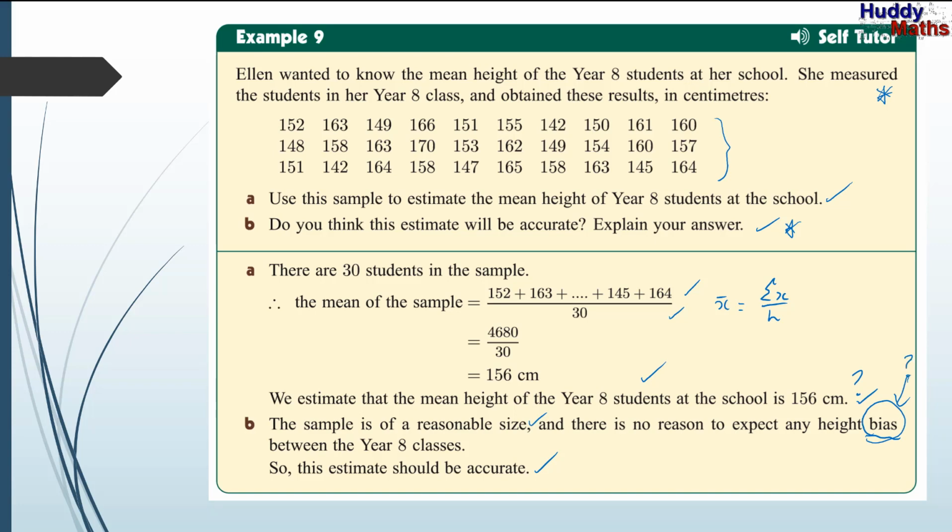So there could be some hidden bias. We've got to know that that is a class which is representative, remember this from before, of all of the Year 8s. Due to subject choices, some home groups in larger schools have different interests, different numbers of boys and girls, for example, and that might give a bias towards one or the other in height.